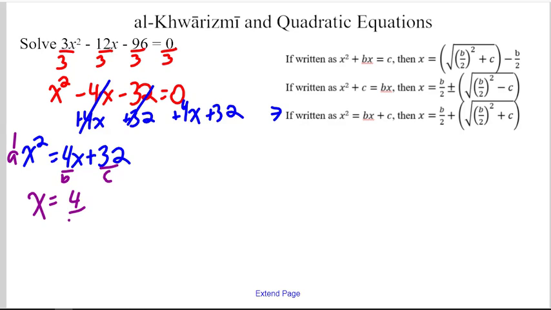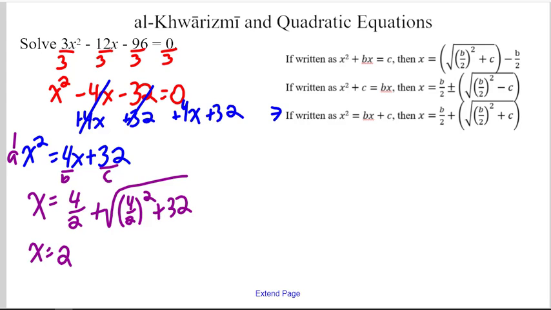So 4 over 2 plus the square root of 4 over 2 squared plus 32. I simplify that. That becomes 2 plus the square root. Well, 4 over 2 is 2. 2 squared is 4 plus 32. So this gives me 2 plus the square root of 36.